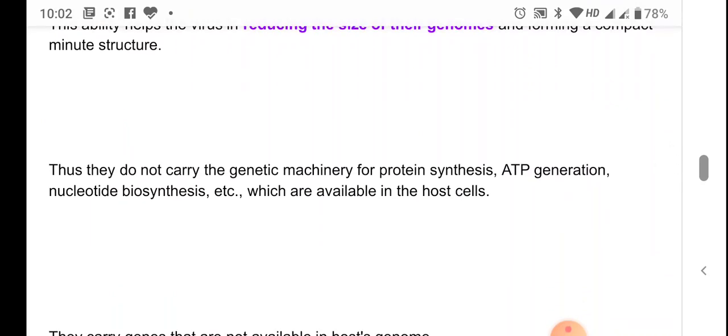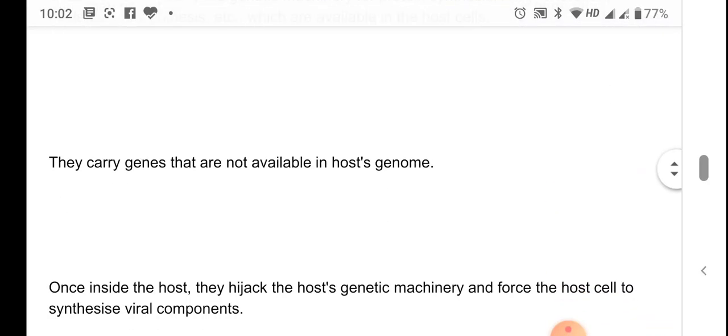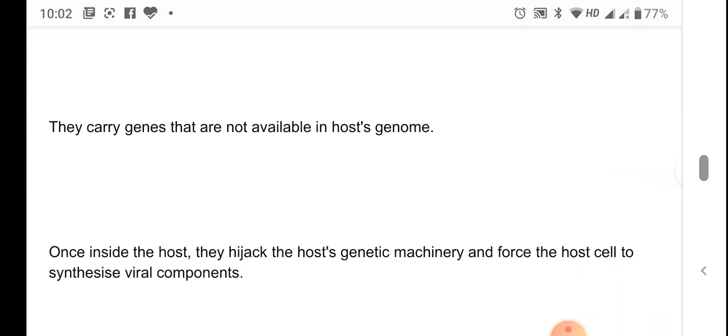They do not carry genes for protein synthesis, ATP generation, nucleotide biosynthesis, etc. And for all these mechanisms, they depend on the host genome. They carry only genes which are not available in the host genome, and this has enabled these viruses to make their genome very small.